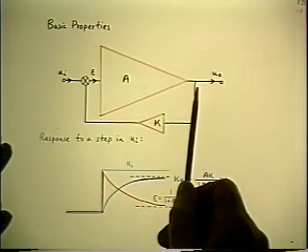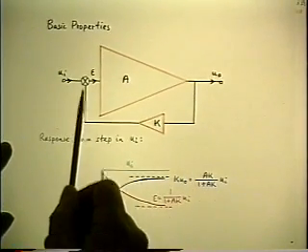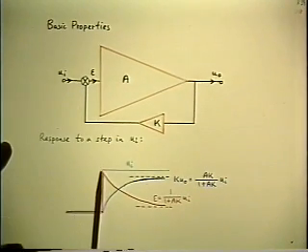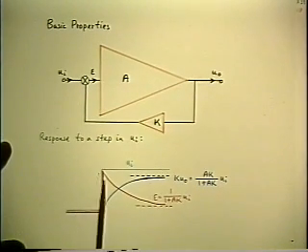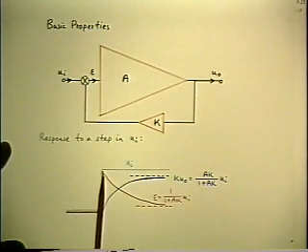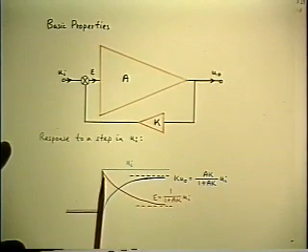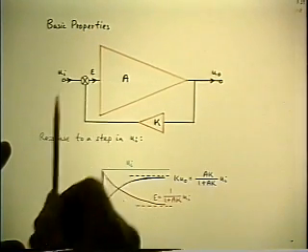Which means that initially there is no fed back signal. So there's nothing to subtract from the input step. So the entire input step hits the front end of the amplifier. That's the red line. That's the error signal. So the initial value of the error signal is equal to the applied step.